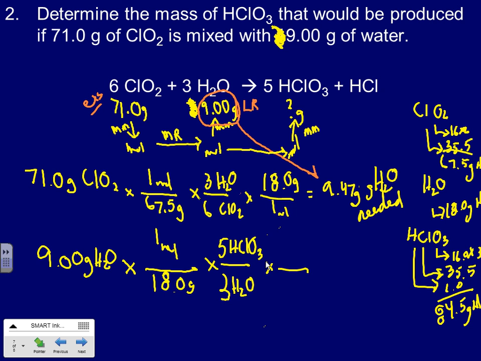And in the end, I want mass of the HClO3, so I need its molar mass, 84.5 grams per 1 mole equals. And then this is going to be grams of HClO3. It's not needed. It's nothing fancy like that. That's just how much we're going to get. Jess, what do you got? 70.4 grams. Are we in agreement on that?